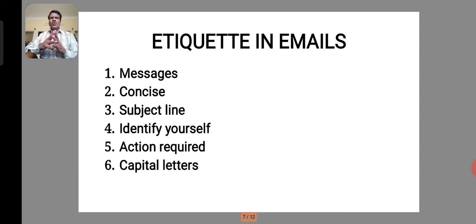Always say who and what you are at the beginning of the email and add a signature with your phone number at the end of the email. Action required. Let the recipient know right away if any action is required from his or her side. You can do this by marking emails that do not require any action with FYI in the subject line.